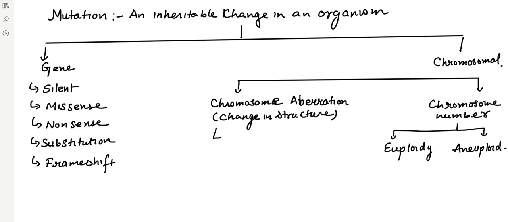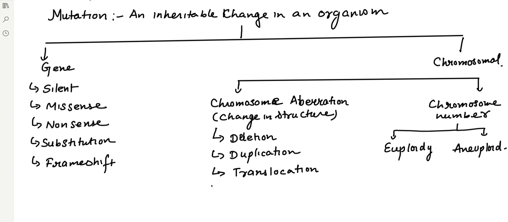Now in chromosomal aberrations, we're gonna study things like deletion, duplication, translocation, and inversion.